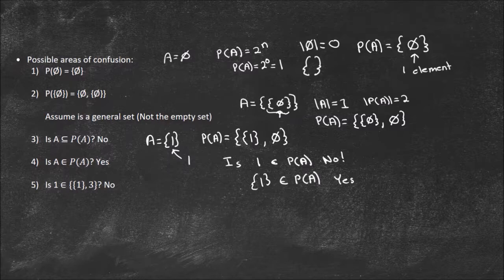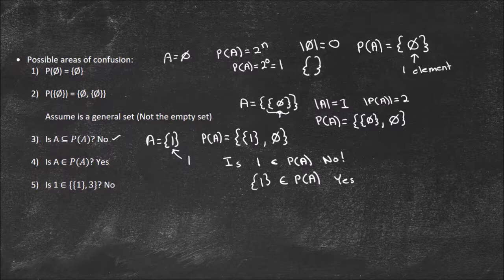That's the difference, and that's what makes this not a subset. This is one of the more confusing things we're going to talk about. A is not necessarily, it can be, but it's not necessarily a subset of the power set of A. There are certainly cases where it is true, but it's not always true.